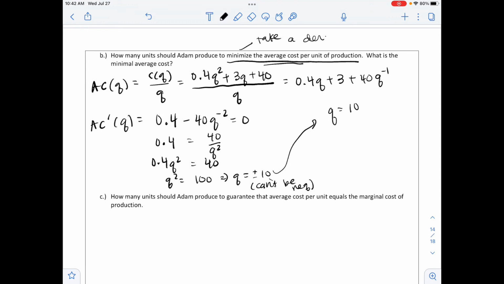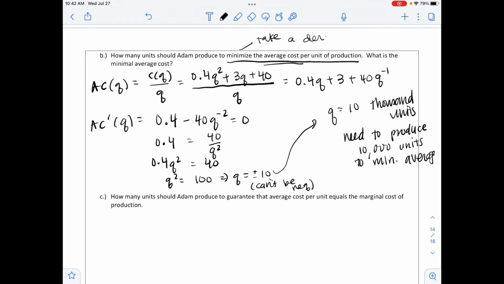And again, remember our units were in thousands of units. And so Adam needs to produce 10,000 units to minimize the average cost.